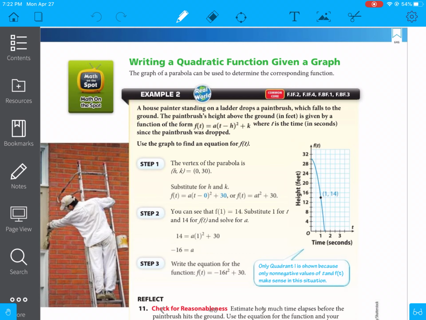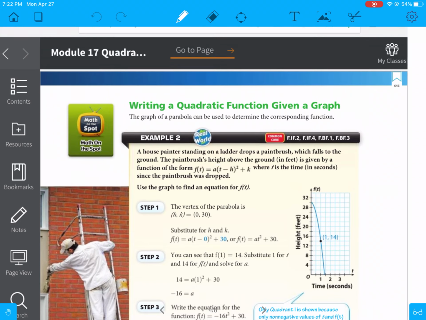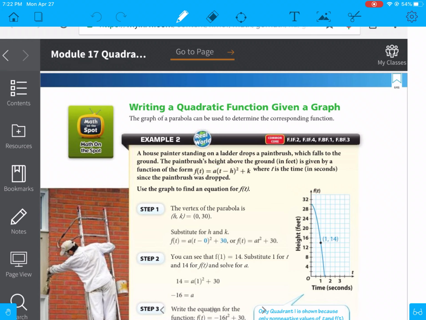So our end goal is going to be finding an equation. It's going to look like f of t equals, we want to find the a, times t squared plus k. So right now, just by looking at the graph, we know the k is 30 because it's going to be right there. So we can already fill that in with 30.